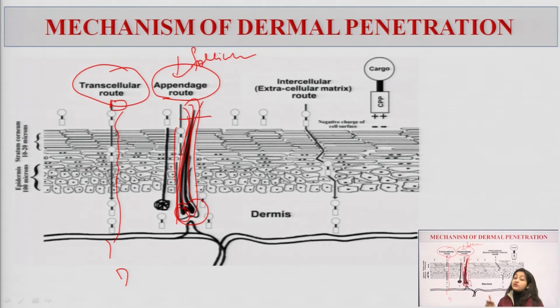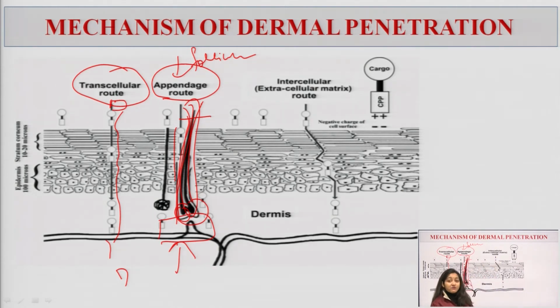The appendage route, also known as the transfollicular route, is the fastest pathway through which we can cause dermal penetration of the drug, and at the same time the area for diffusion is very high compared to the transcellular or intercellular pathway.